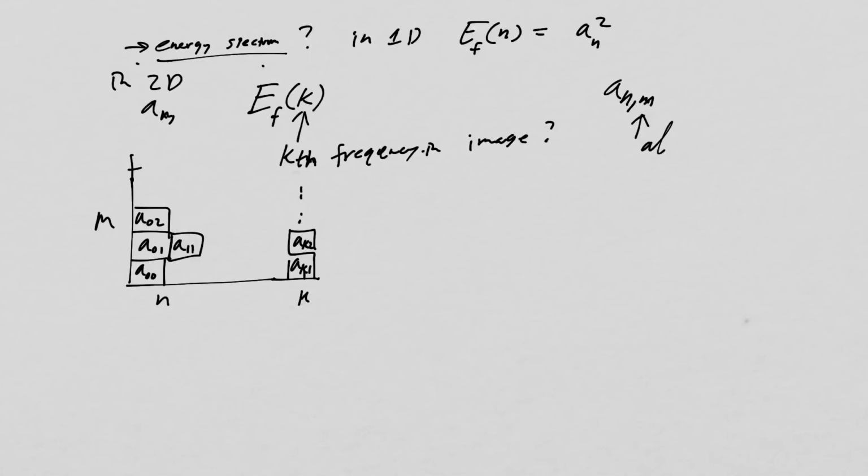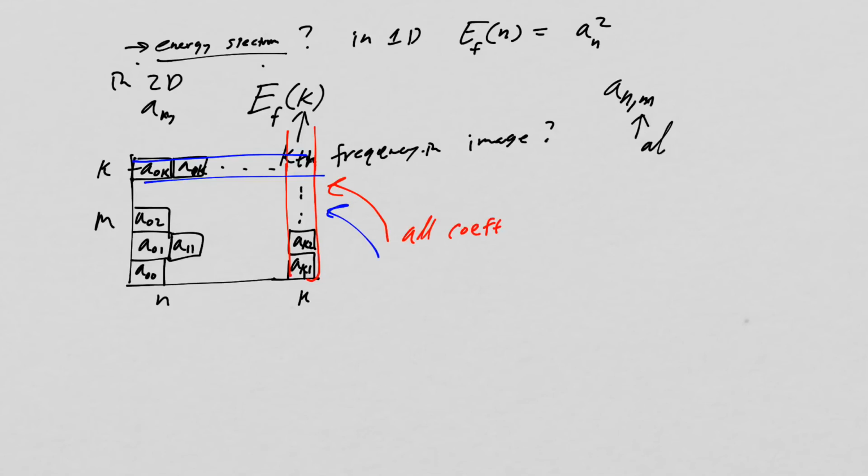You might also have a K up here on the m axis, A_0K, A_1K, and so on. What you have here are those horizontal oscillations, and here you're going to have those vertical oscillations. And these are all coefficients with K in them.